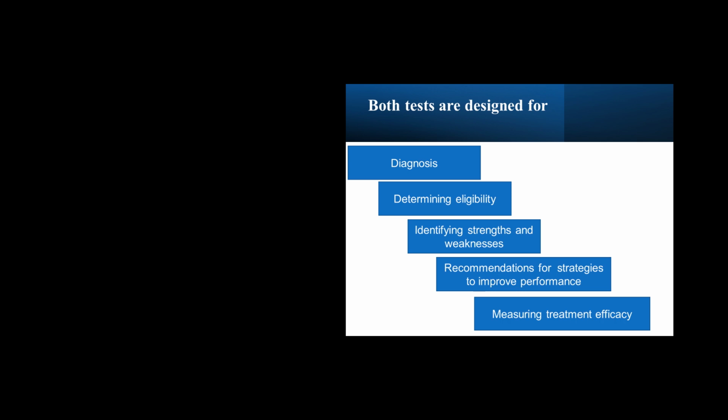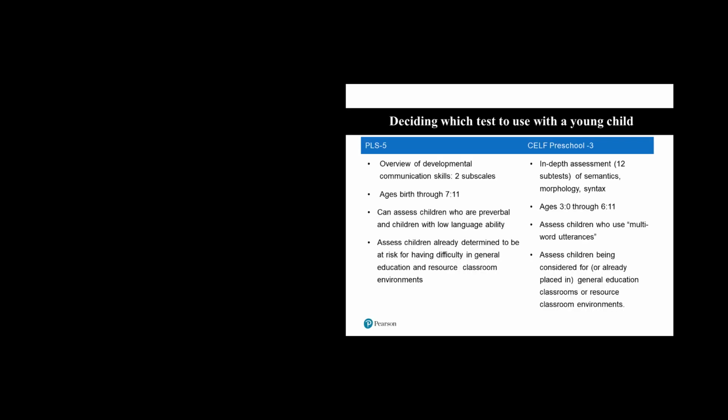Let me move on. So then how do you decide which test, though, to use with a young child? PLS was designed to be used with young children who have a receptive or expressive language delay that interferes with communication.